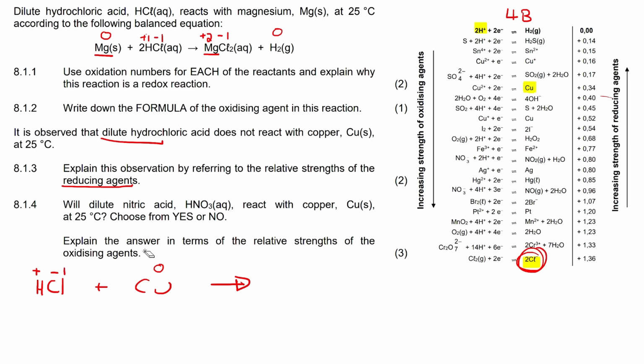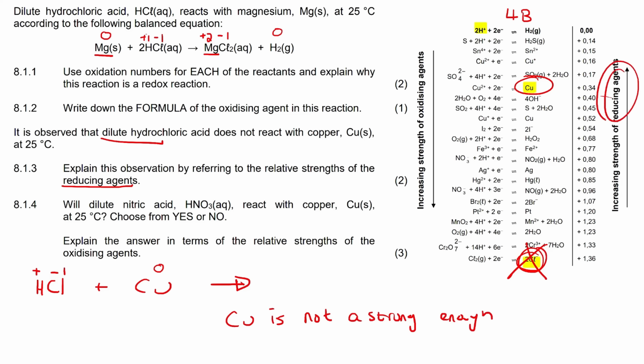It wouldn't be because this thing is doing something to that, because these two are already together. So we can ignore that part. So what we're rather going to look at is this one, and it's over here. And all we're going to say is copper is not a strong enough. Now look here, copper's on the right, so we call it a reducing agent.